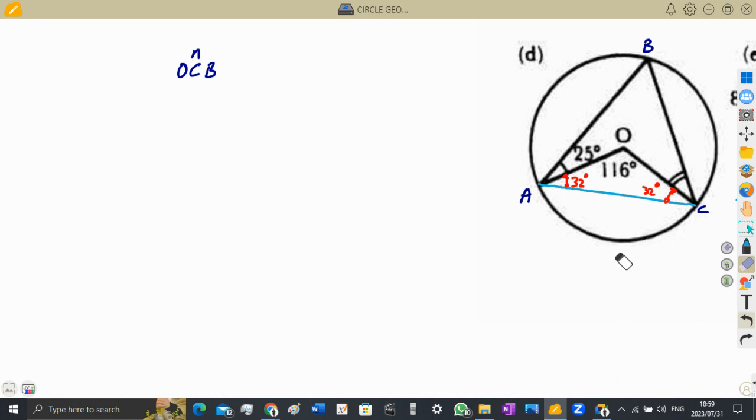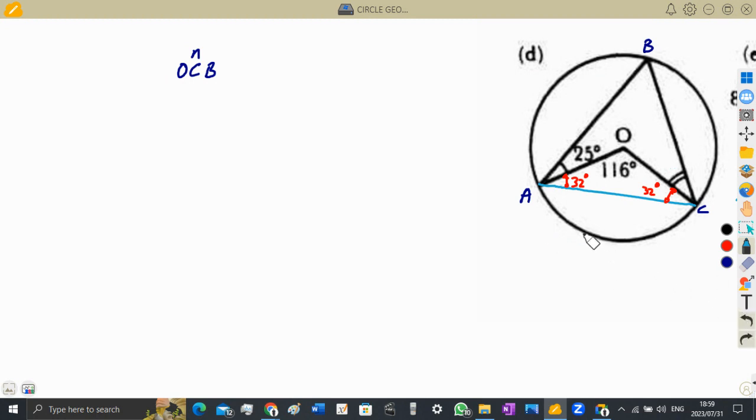Since I've got a big triangle now, then I would remove that small triangle inside, this one. Then we are saying to find this one, what's going to happen? I would multiply 32 by 2. All right, from which theorem? If we have a theorem.